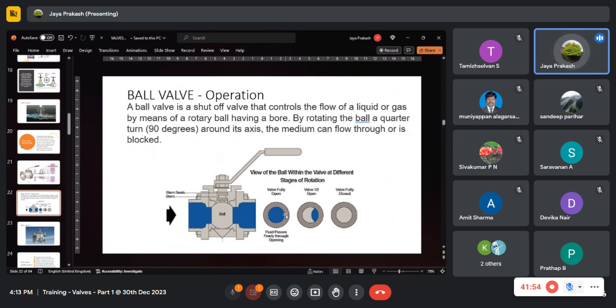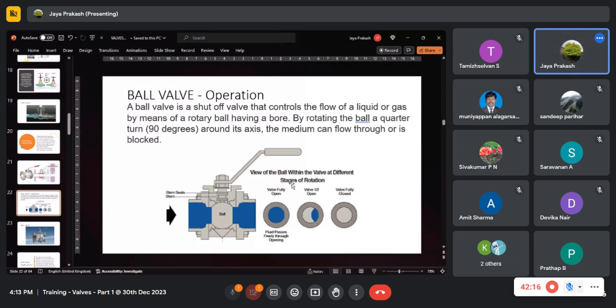So it is fully open here, and now it is getting closed. Now it is fully closed. This area takes a turn towards the bore, and it obstructs the flow. This is a simple mechanism.